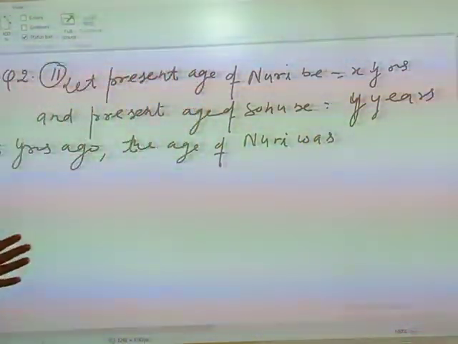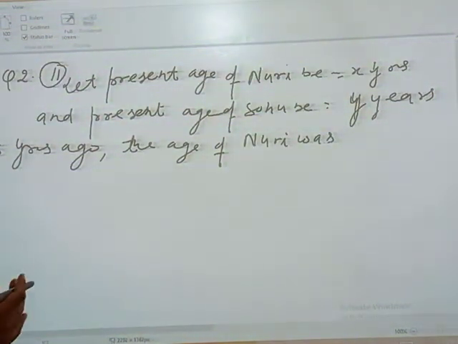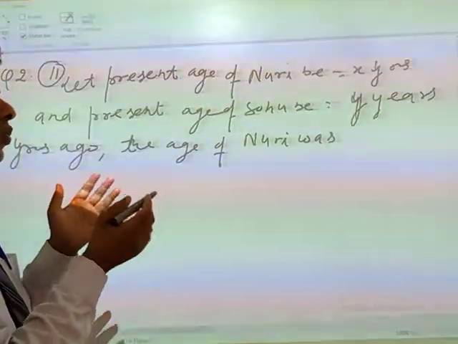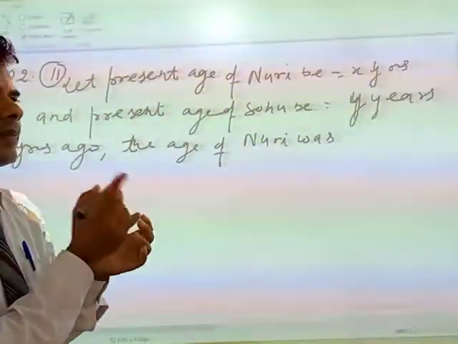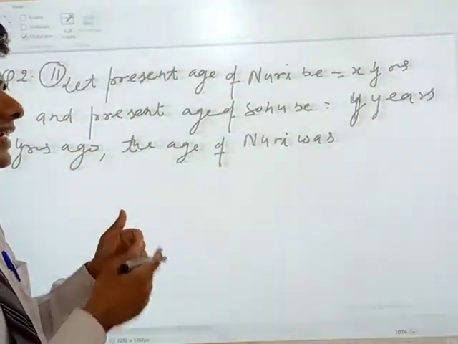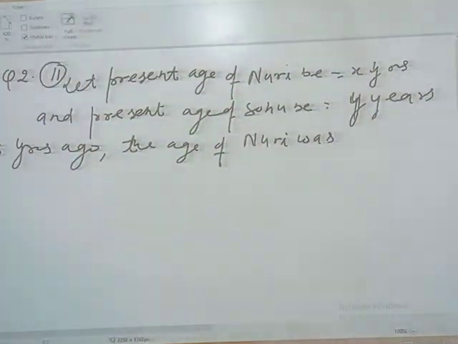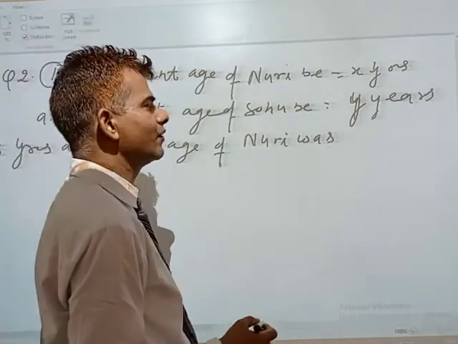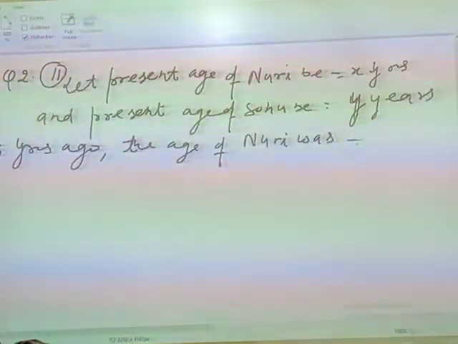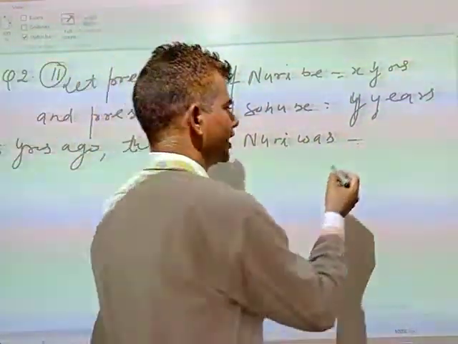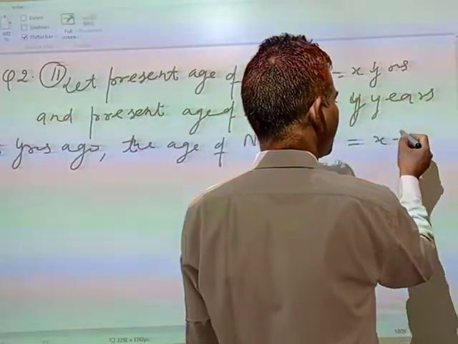Students, 5 years ago, if your present age is 15 years, what was your age 5 years ago? 15 minus 5, that is 10 years. Student, 5 years ago, the age of Nuri was x minus 5 years. Yes, student, very good.